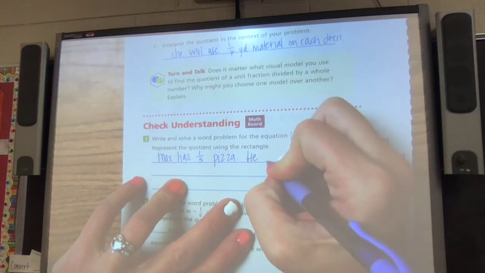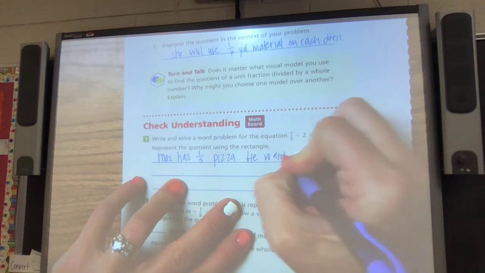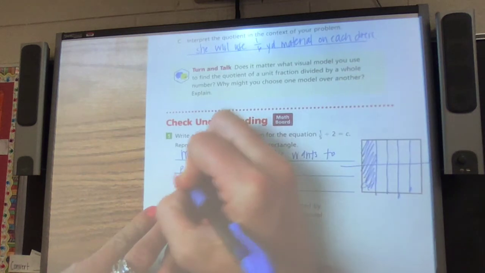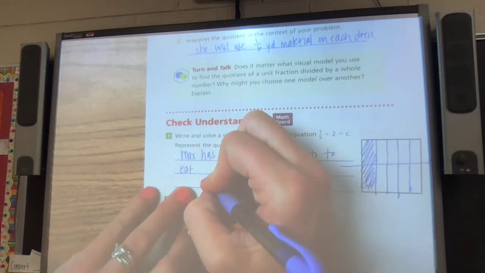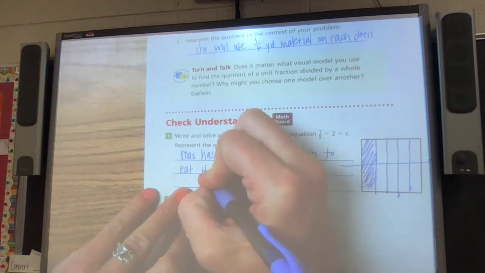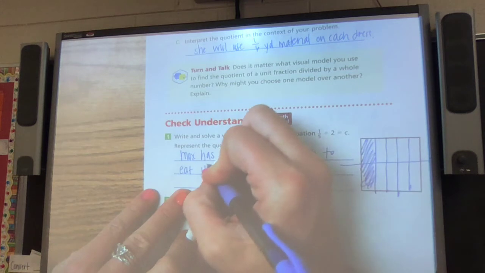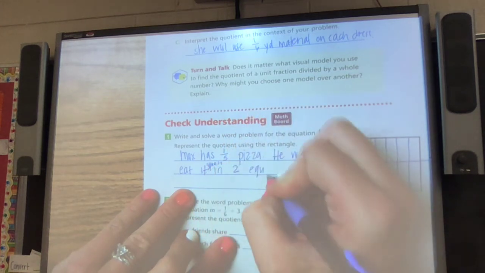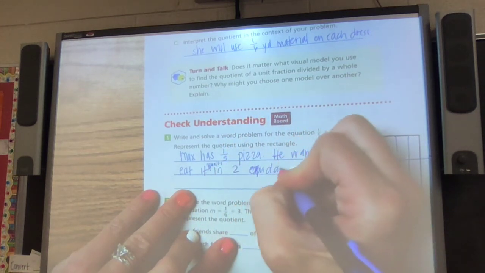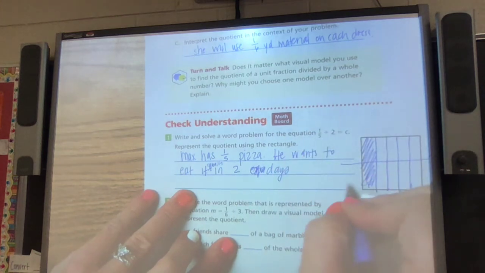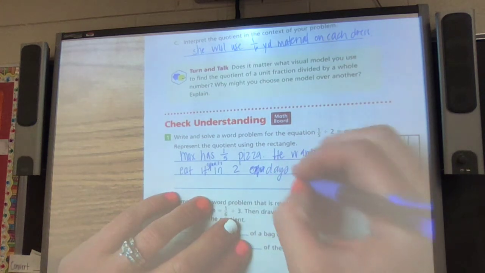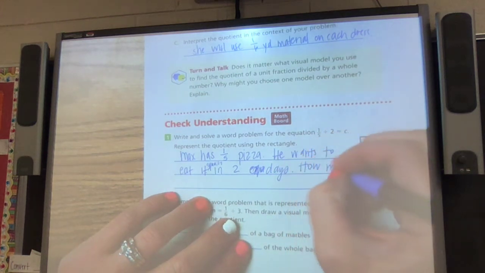He wants to eat it in 2 days. Let's say equally in 2 days. How much can he have each day?